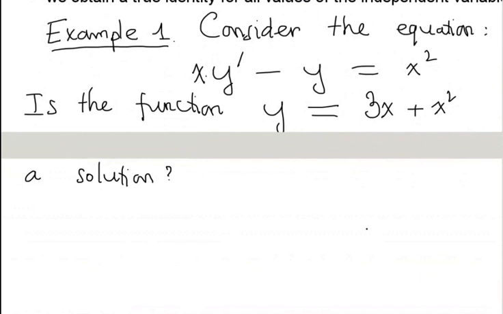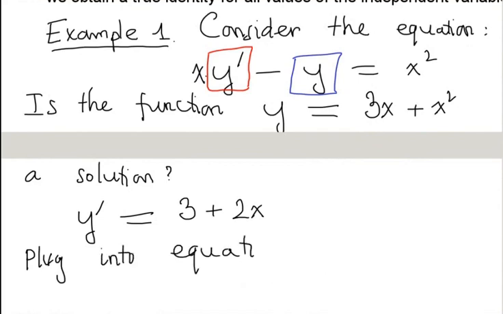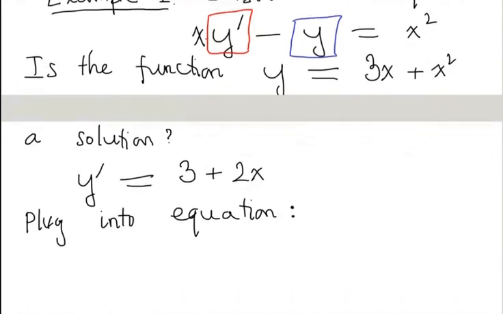Well, to do that, we need to compute the derivative, because the first derivative appears in the equation right there, and then we also have the function y. So let us compute the derivative, which is 3 plus 2x. And now we need to plug into the equation and see if we have a true identity.